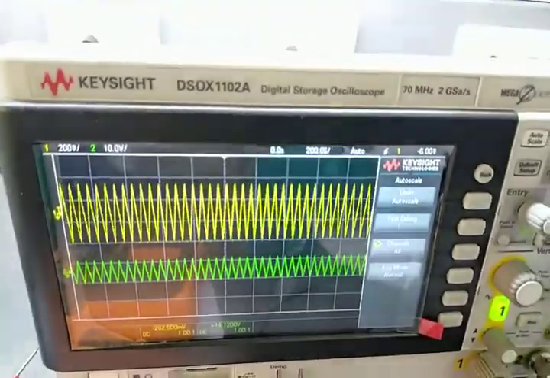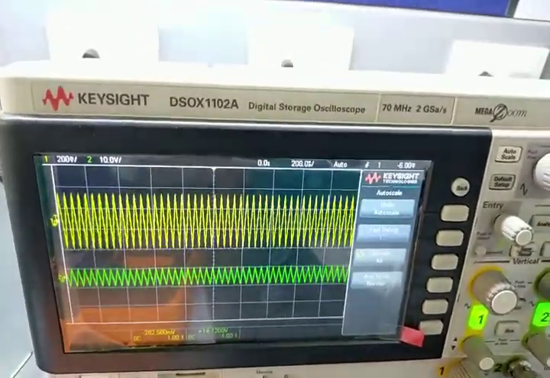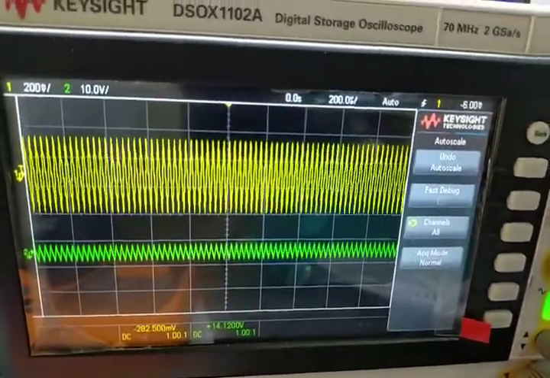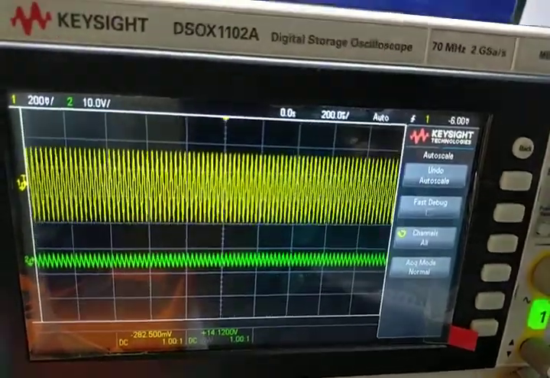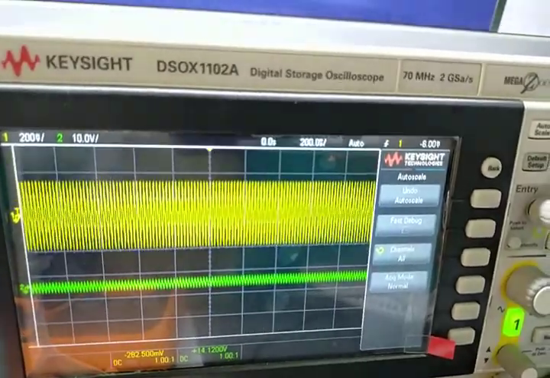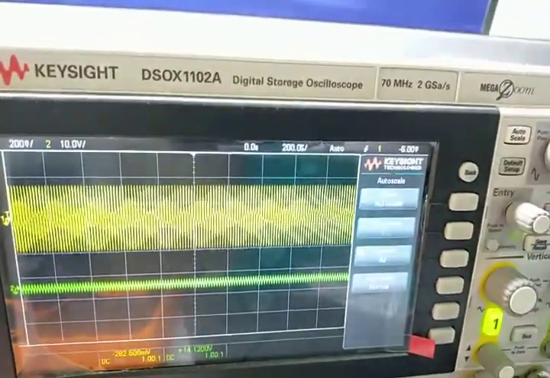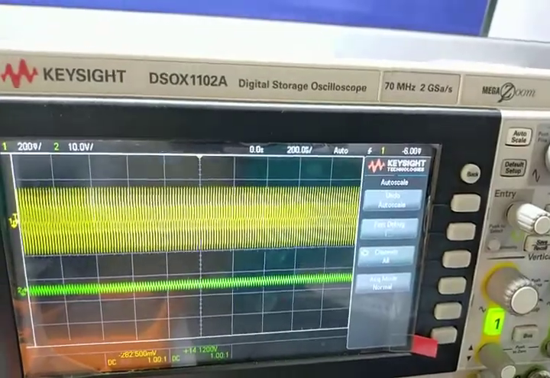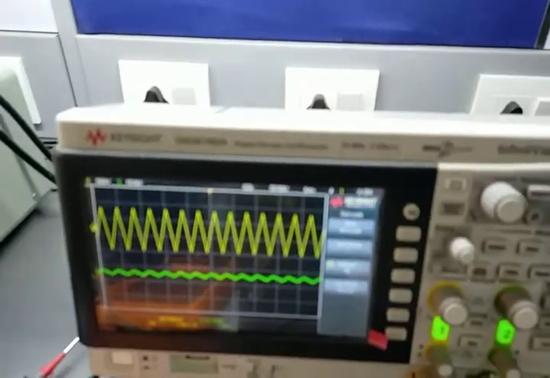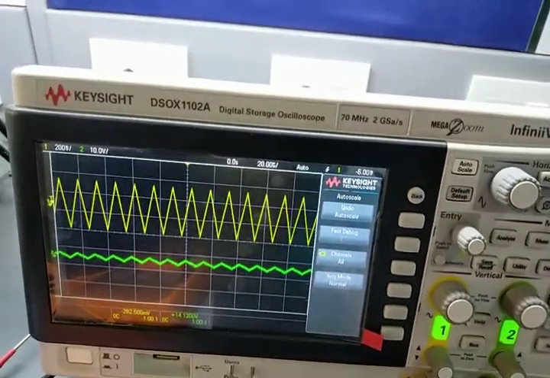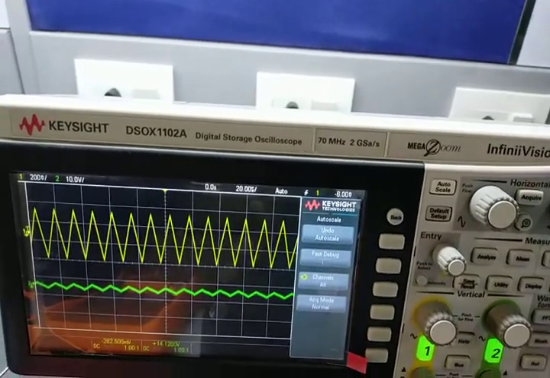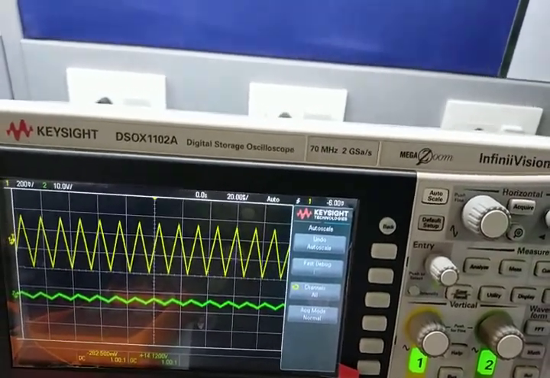As I increase the frequency, our output signal decreases in amplitude, and afterwards it will be a straight line, while our input signal frequency is increasing. You can see our output signal is diminishing.